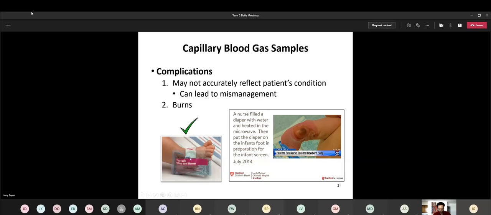Because we try to keep these things very close by in the nursery. At each bedside, there's a cart with drawers, and usually someone at the beginning or toward the end of the shift is always checking to make sure that everything is stocked, especially these essential things like this.